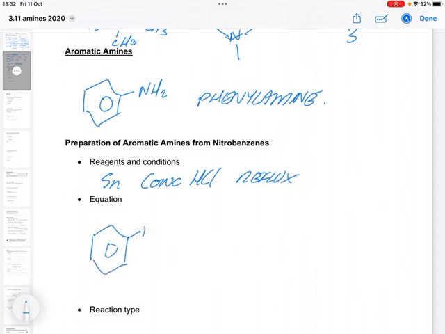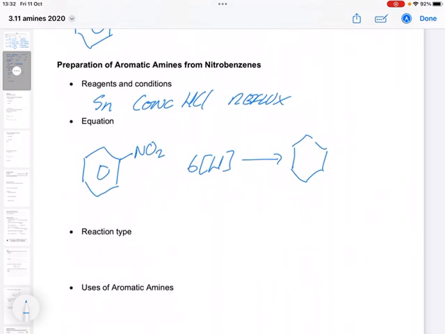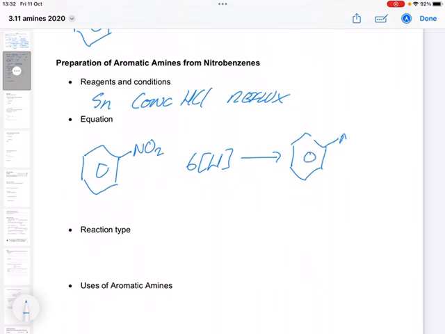So we start with a nitrobenzene, and that's our reduction mixture with 6 H's, which then gives us NH2. So the 2 oxygens that came off are going to form water, so I need 2 of them. So I've got 4 hydrogens here and 2 there, which is why I need 6 here. Okay, and this is a reduction reaction.